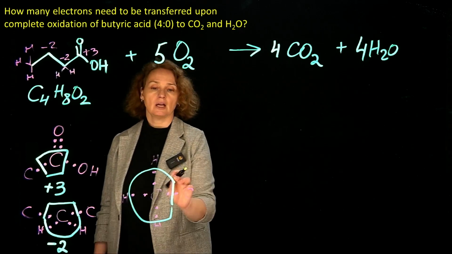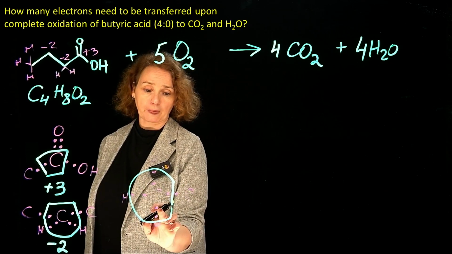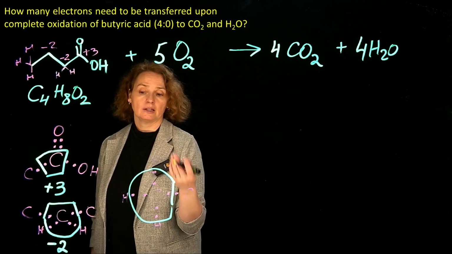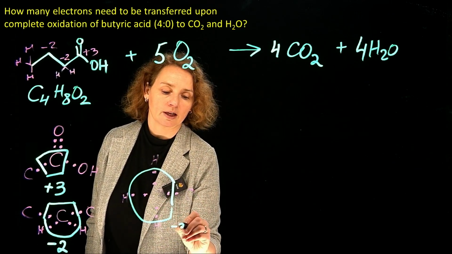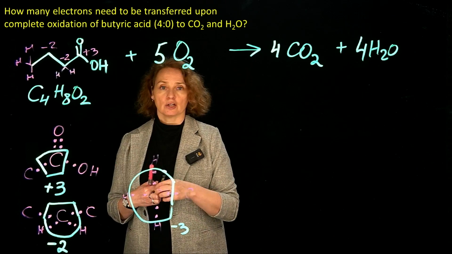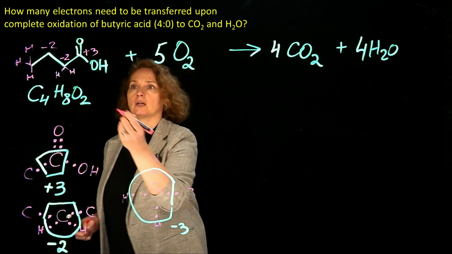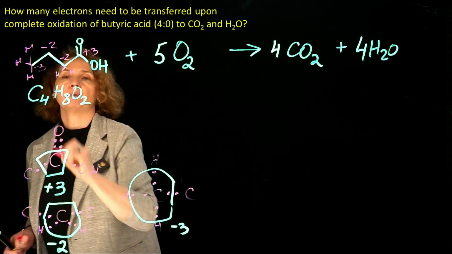As a result, we will have 7 electrons, which is 3 more than the number of valence electrons. So the oxidation state of this carbon is -3.